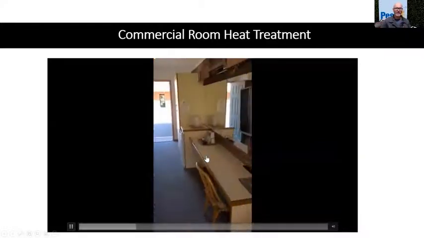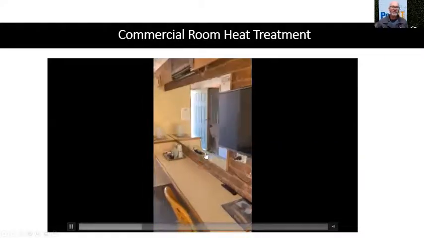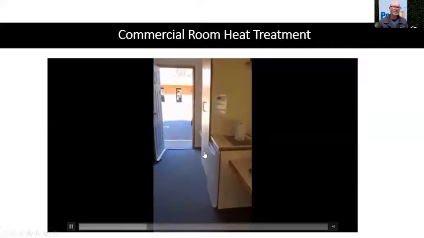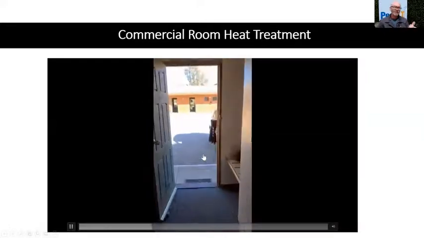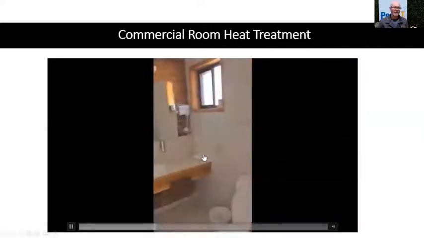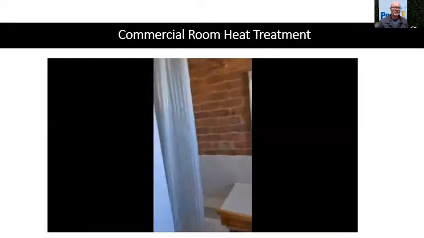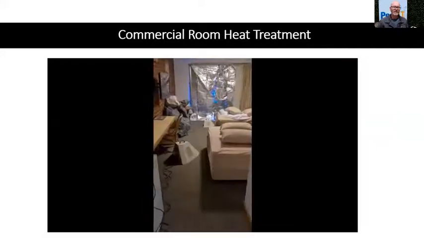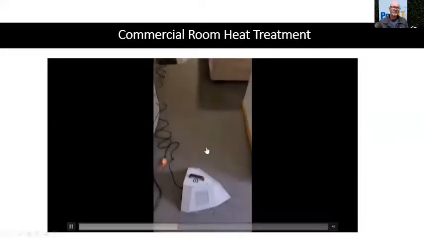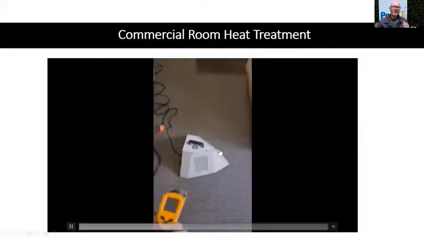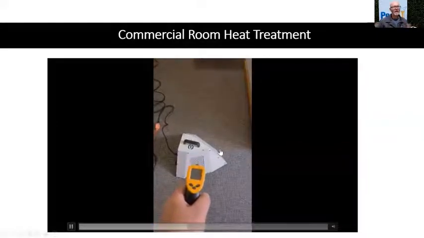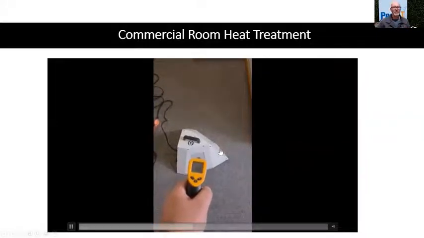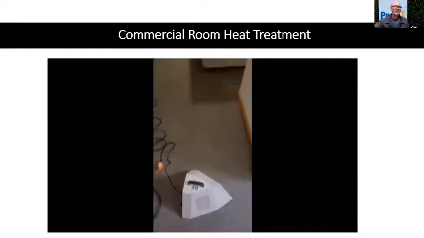So they said this is on a border town, and so it was having issues because of the impacts of COVID, and this one was actually a bed bug issue in this particular facility. So you can just see here the 3 heaters in place. This is actually 1 hour into the treatment, so the room's not to temperature at this stage.